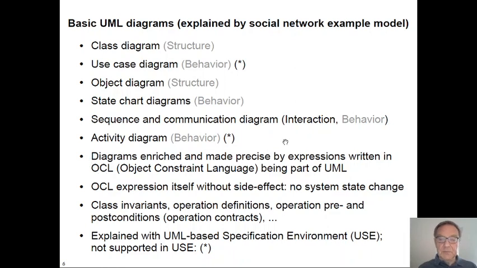These diagrams were enriched and made precise by expressions written in the Object Constraint Language, and I have applied OCL in various forms in these examples, and I have explained the use of the diagrams and partly the use of OCL with the tool USE.